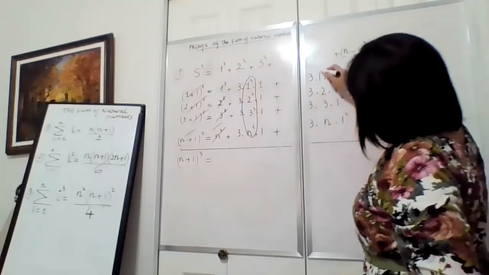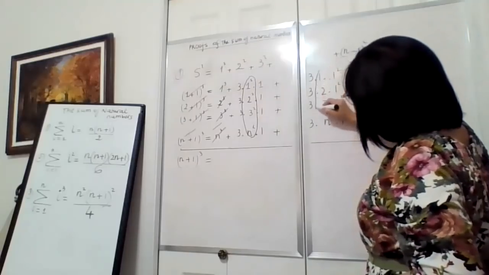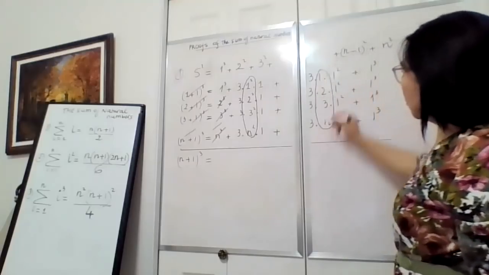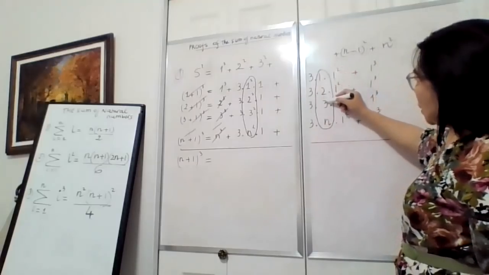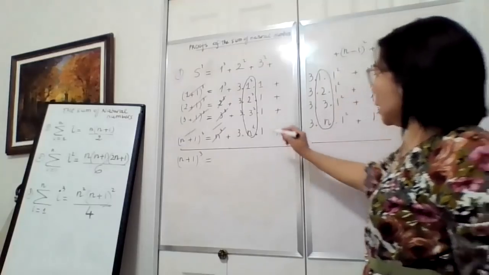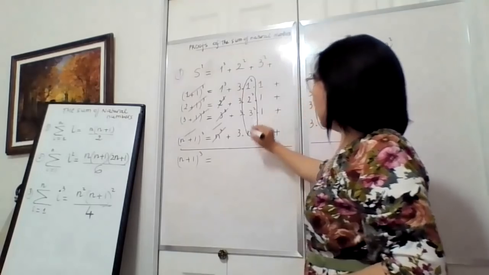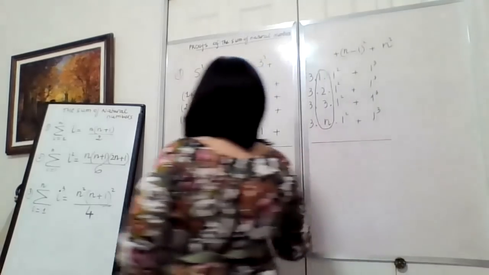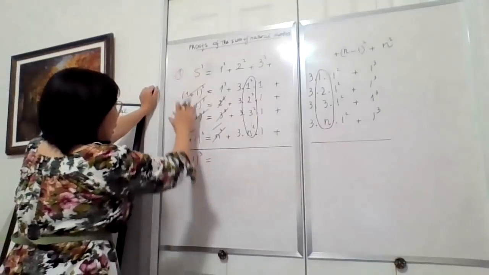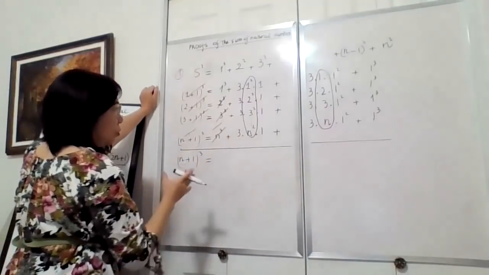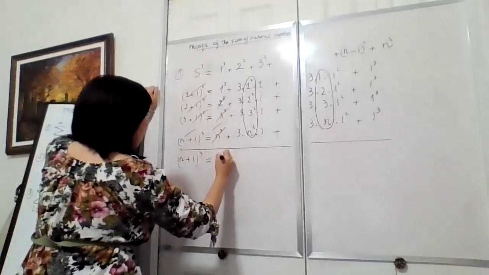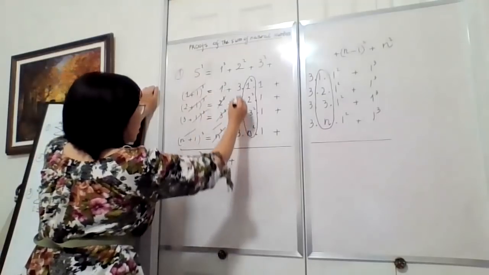Now let's look at the second pattern. What do I have? When I circle, I have 1, add 2, add 3, and so on, keep going. So let me write down in summary. After I cancel this, what do I get? So I get this one, which is 1 to the power 3, adding.